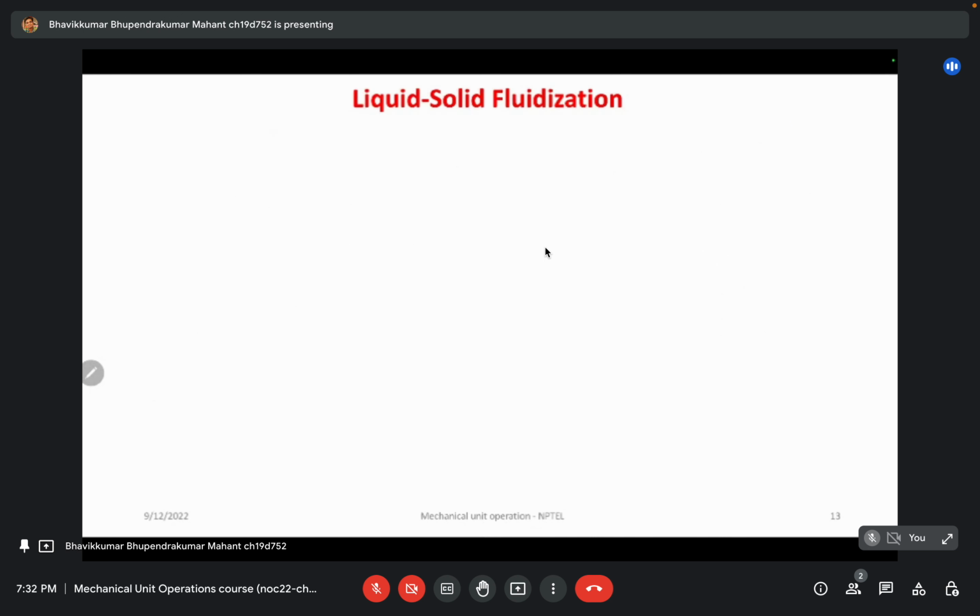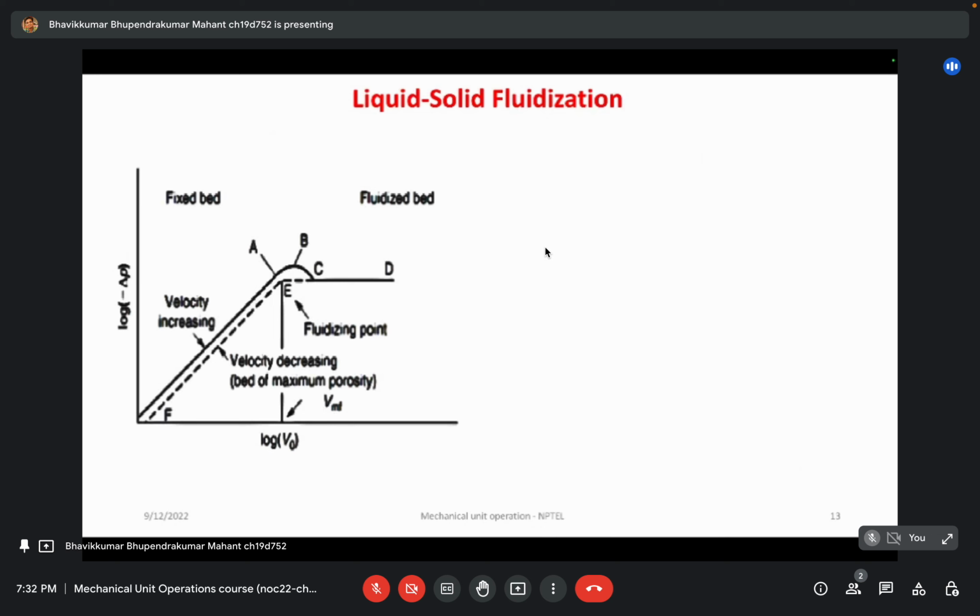Okay, now liquid-solid fluidization. Here we need to understand this log-log graph of log delta P, the pressure difference or pressure drop, versus velocity. When you increase the velocity, the pressure drop constantly increases. After point A, this increment is not linear.